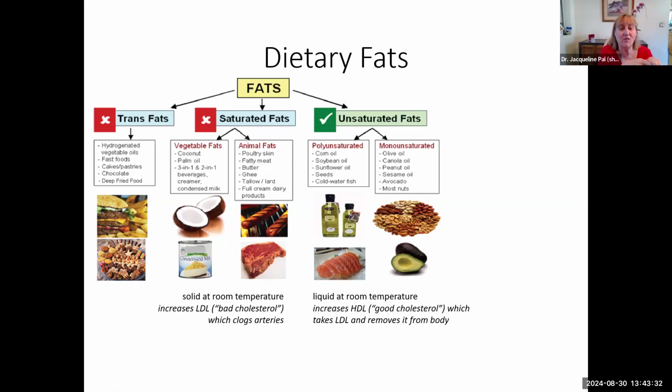Whereas saturated fats increase your bad cholesterol, which clogs your arteries, gives you atherosclerosis, hardening of the arteries, and leads to heart attacks and strokes. Does that mean you can never have a steak or never have butter? You can, in moderation. If you want butter, use it when you want the butter taste, like on a piece of bread.